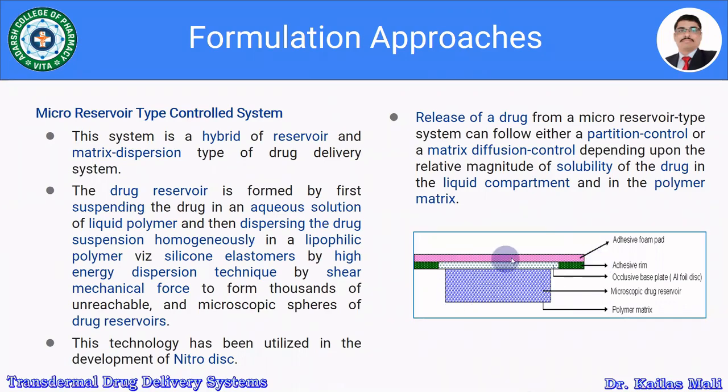This is the adhesive foam pad. Here is the occlusive base plate. This is the adhesive rim. Then this is the microscopic drug reservoir, and this whole thing is a polymer matrix. The example of the micro reservoir type control system is Nitro-Disc.